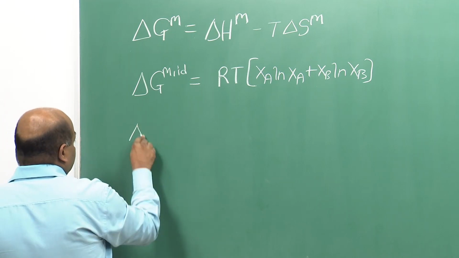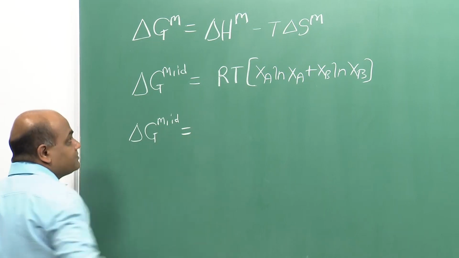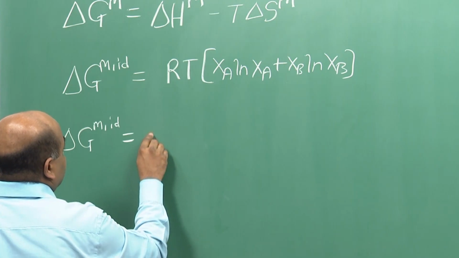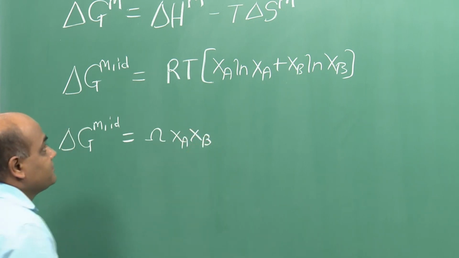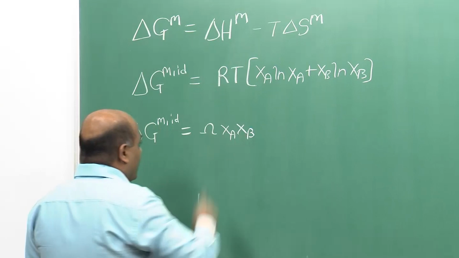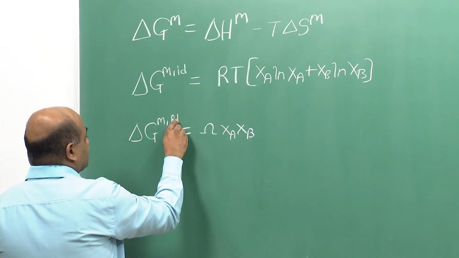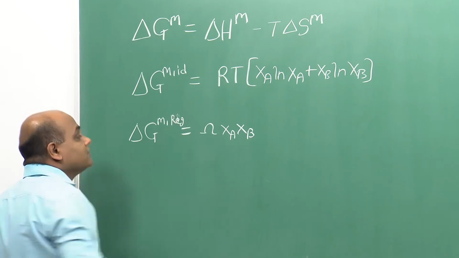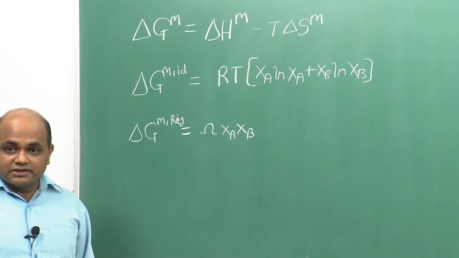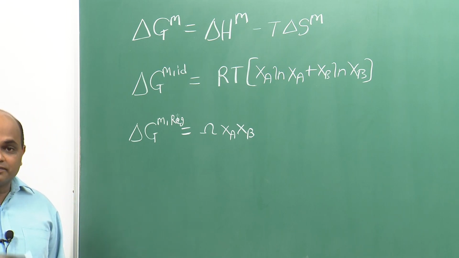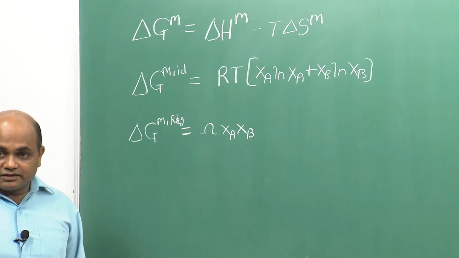And for regular solution, delta Hm is given as omega XA XB, and for regular solution we assume that the entropy of mixing is still only because of the change in configurational entropy, and we assume random mixing.